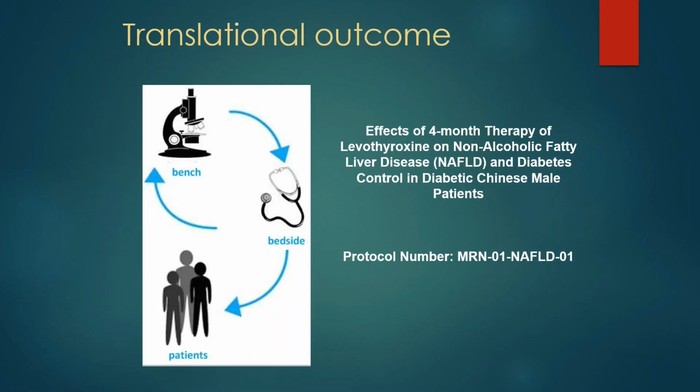Now this was a very interesting thing. Based on my fundamental research, we could actually go to a clinical trial, a phase 2 clinical trial in which we gave patients having non-alcoholic fatty liver disease 4-month levothyroxine, which is a T4 therapy, and we wanted to see whether what we saw in animals is also reproducible in humans. So can we use thyroid hormone as an anti-NAFLD drug?